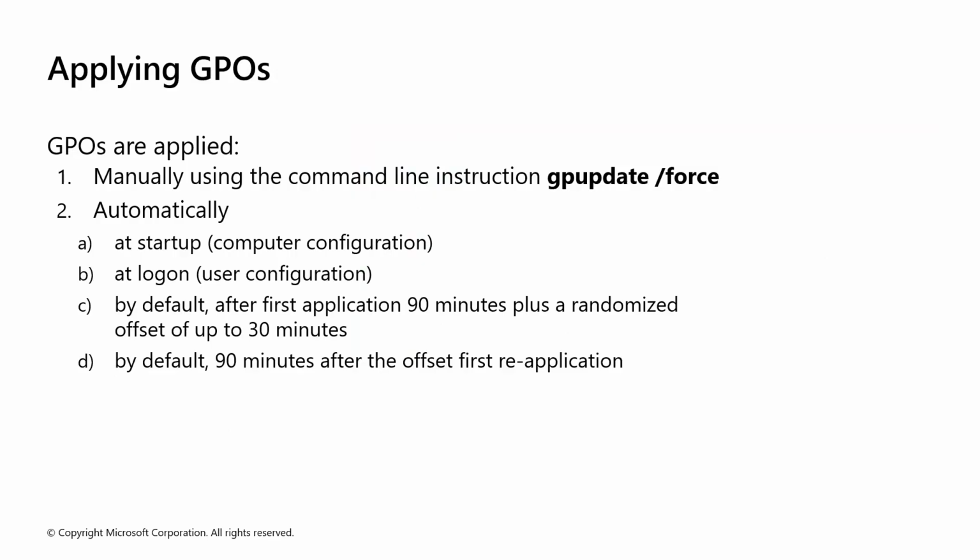GPOs are applied automatically at startup, logon, and at regular intervals, or manually using the gpupdate /force command. Knowing when and how GPOs are applied helps ensure your settings are enforced as intended.